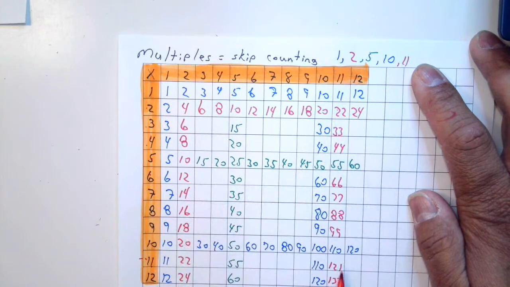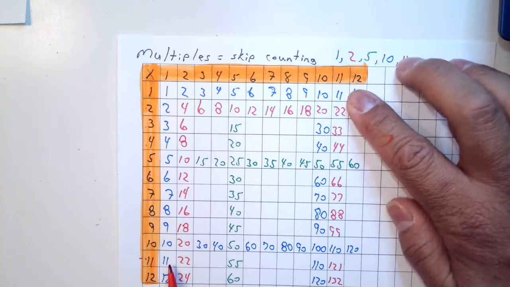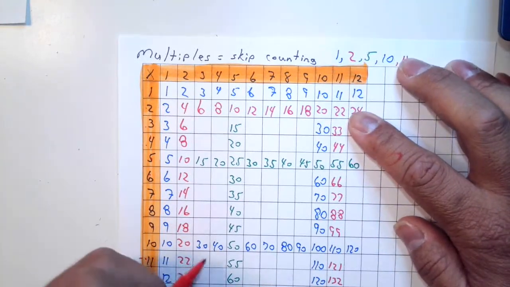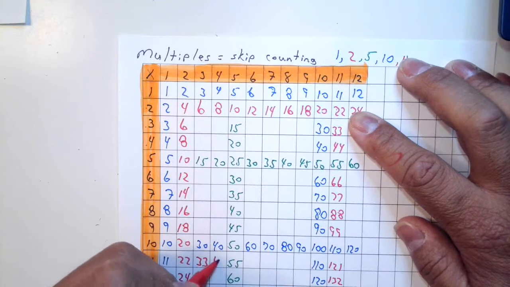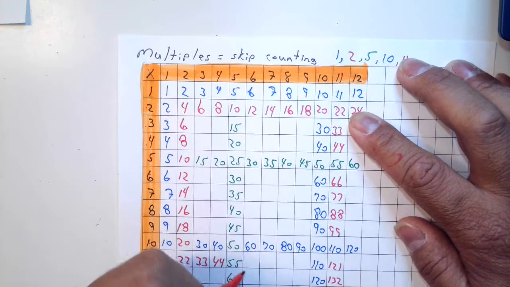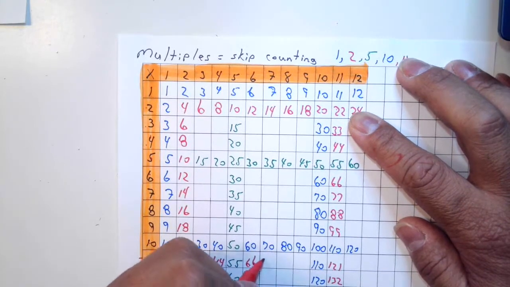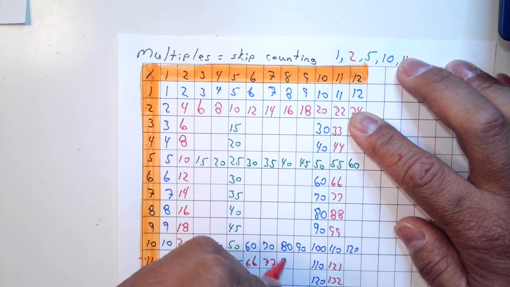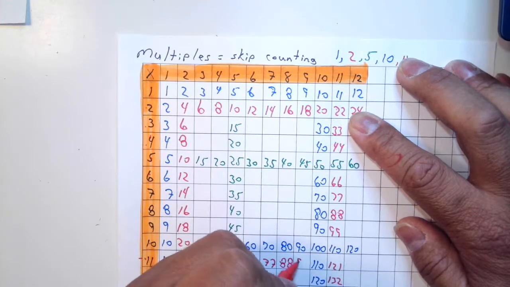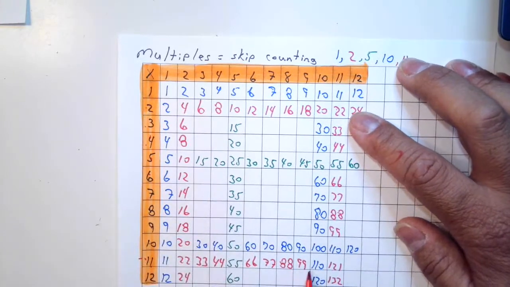Now, we did our multiples of 11 going down. We're going to do our multiples of 11 going across. But guess what? They're right here also. 11, 22, 33, 44, 55, 66, 77, 88, 99.